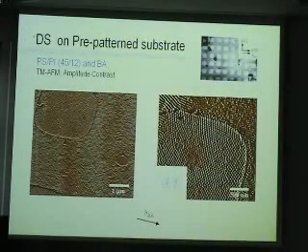As you can see, this one is a large area picture. An area of more than 100 microns is easily fabricated using this method, the combination of these two different forces: the photolithographically fabricated pattern and directional solidification.